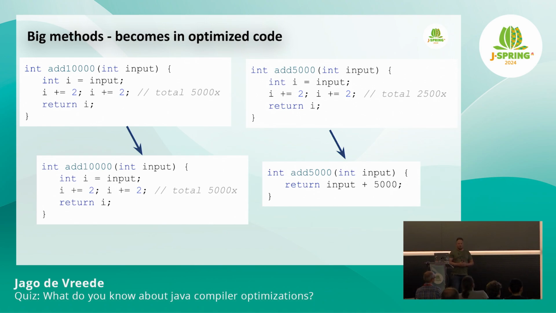But the add 10,000 is just way too much for the compiler to handle. The compiler will stop optimizing a method when it reaches around 8,000 bytecode instructions. So adding 10,000 will go way over that 8,000 limit. Doing 5,000 additions just works. It gets collapsed.